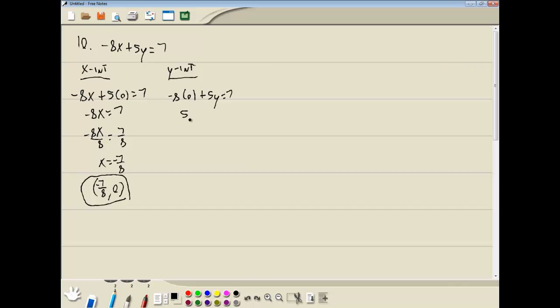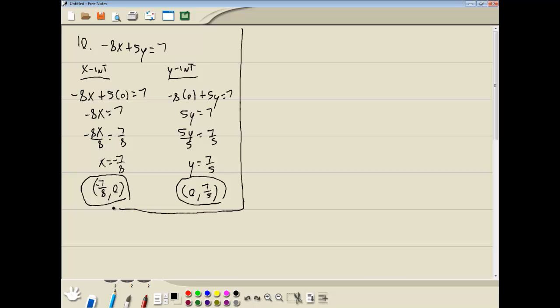Negative 8 times 0 drops away, so we've got 5y is equal to 7. Divide both sides by 5. And we get y is equal to 7/5. So this point would be (0, 7/5). Again, those are a little bit hard to spot if I was actually going to graph these, so decimals might be better.